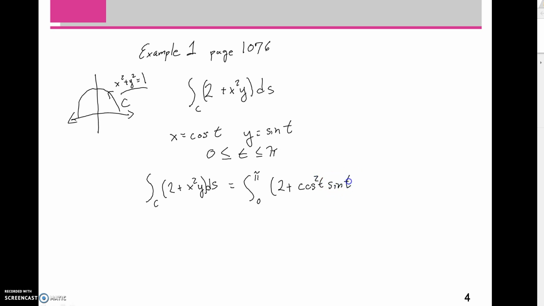Then we have the length of C: dx/dt, the derivative of cosine t, is negative sine t, so sine t squared, plus dy/dt squared, and dy/dt is cosine t, so cosine squared.